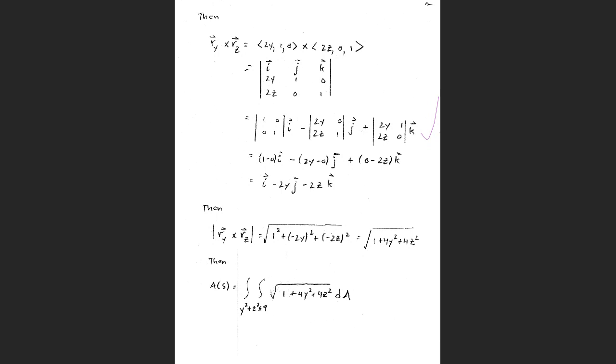That's review, back in chapter 9. And what happens is the cross product of the derivative vectors is going to equal i minus 2y j minus 2z k. Let me give you a moment to catch up here. Let me know if you have any questions.